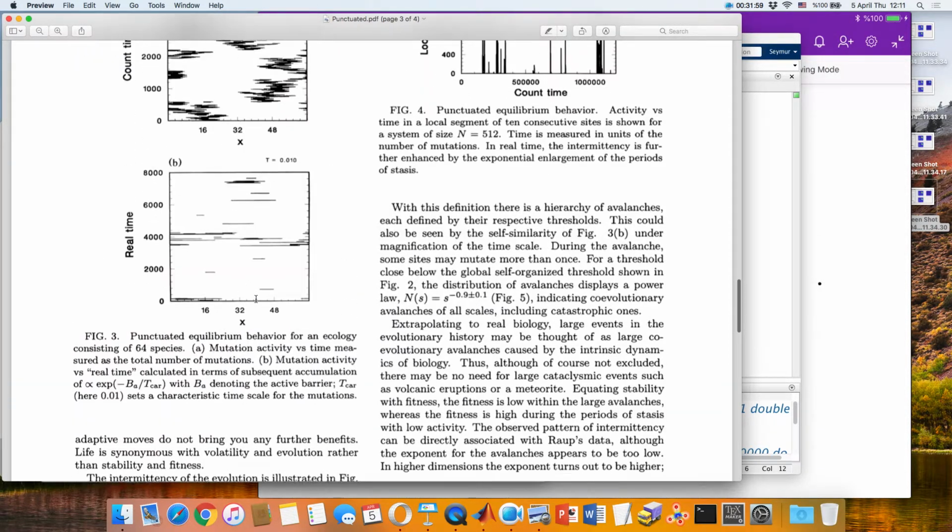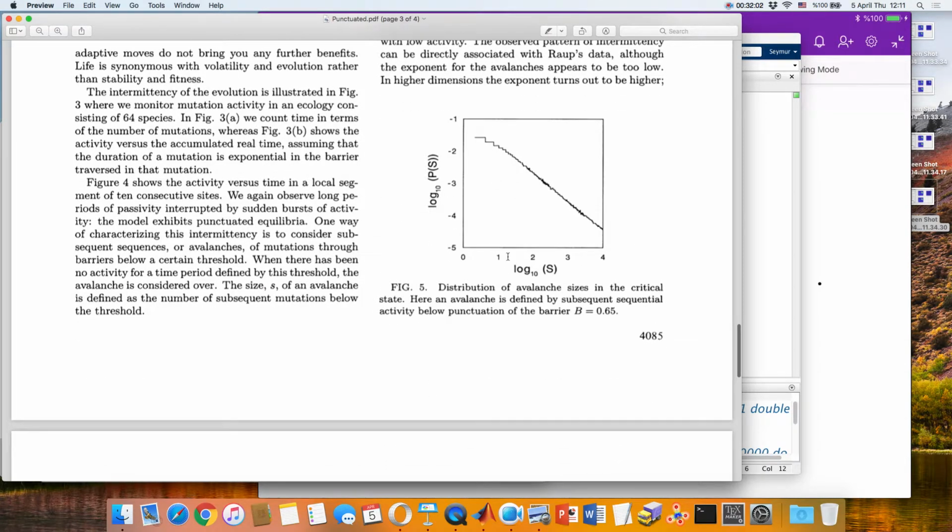And also they have, of course, log size of the event, log probability of the event, and they fall into a line, just like in self-organized criticality, which means all sizes of events are connected to each other. You can have catastrophes even though you take all precautions. The system in itself drives itself to criticality. Okay, are you with me?